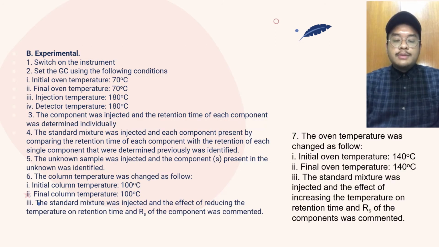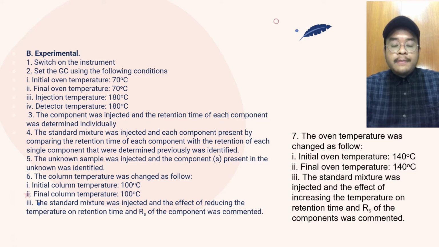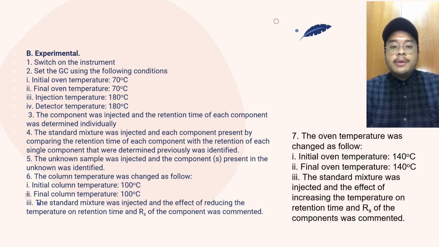Then for the experimental, number 1. Switch on the instrument. Number 2. The GC was set up using this condition. Number 3. The component was injected and the retention times of each component were determined individually. Number 4. The standard mixture was injected and each component present was identified by comparing its retention time with the retention time of each single component determined previously.